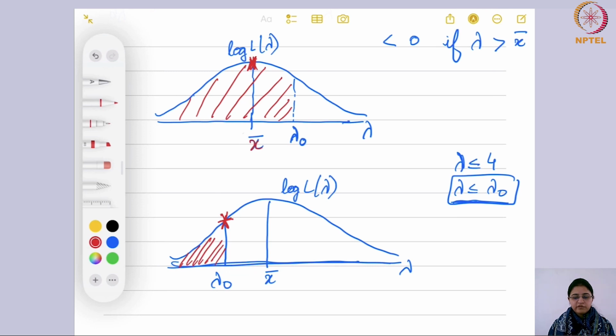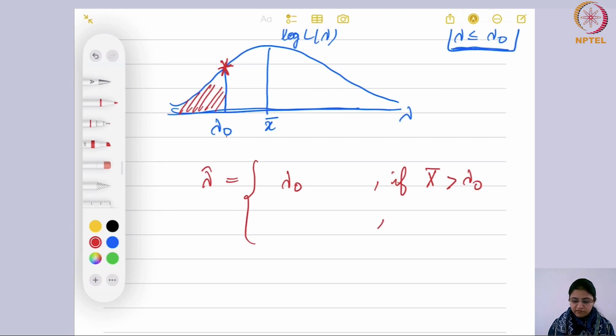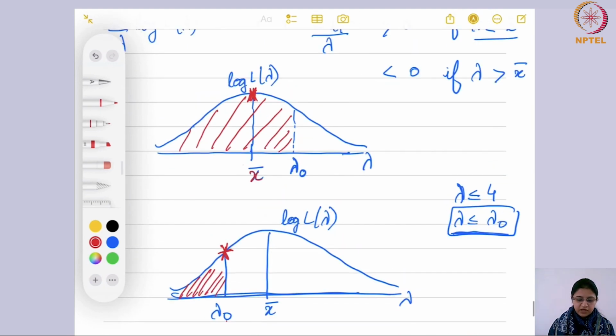If you summarize, the estimator lambda hat will have two situations. It depends upon where your lambda naught is as compared to the sample mean. If your sample mean is greater than lambda naught, that is this situation, the MLE would be lambda naught, because here the maximum is attained at lambda naught only. If x bar is less than or equal to lambda naught, that is this situation, the maximum will be attained at x bar only.